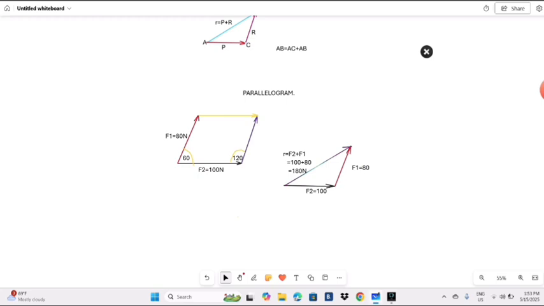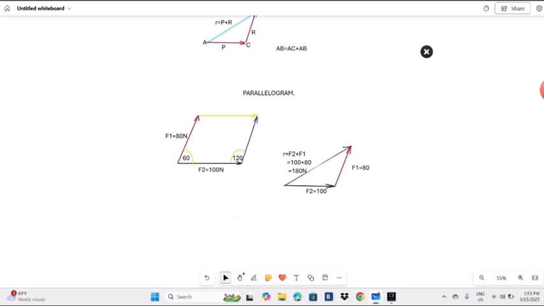So the first thing that we're going to do when we want to find the resultant of a parallelogram is draw our F1 and our F2. Then after, we're going to draw our resultant.